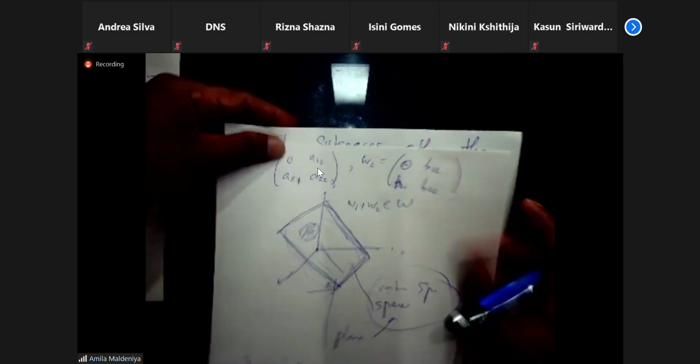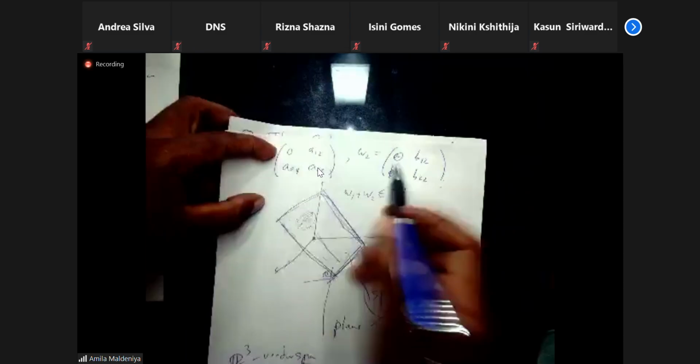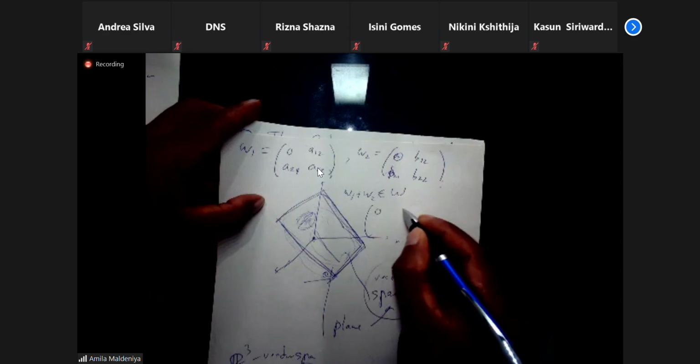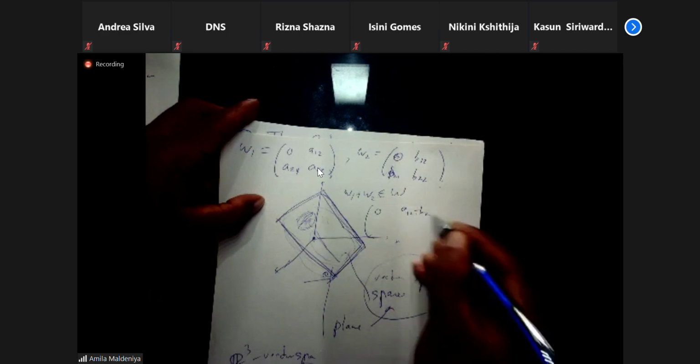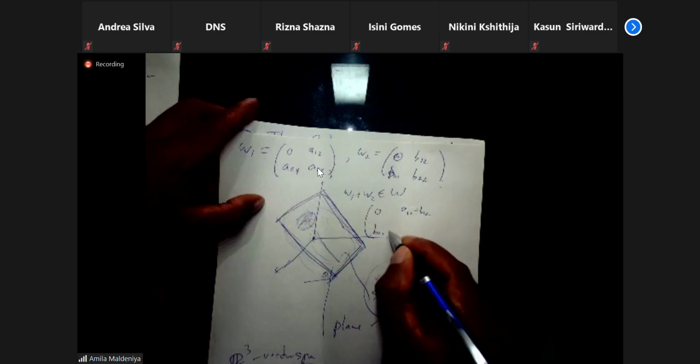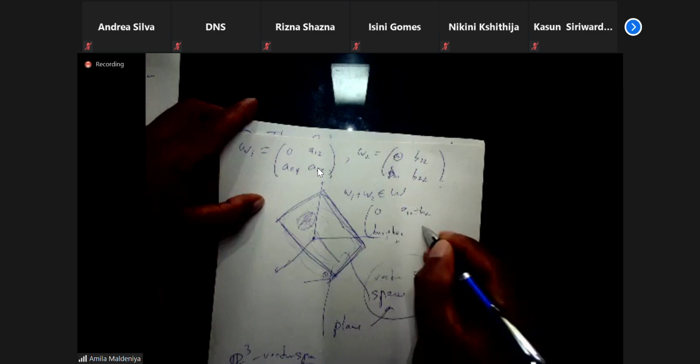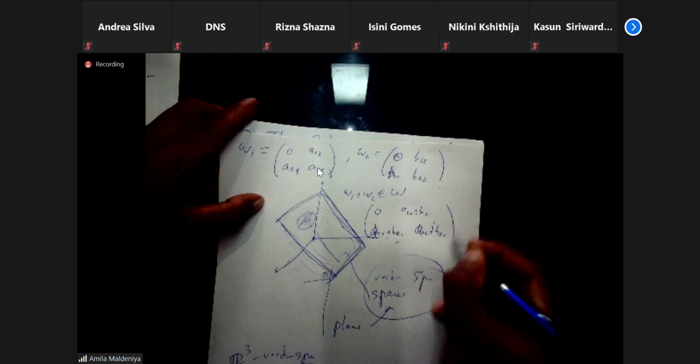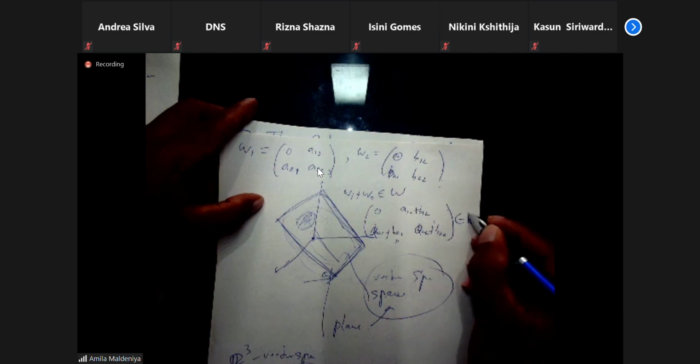Let's check. The addition of the two matrices is 0 plus 0, A12 plus B12, A21 plus B21, and A22 plus B22. Is this in W?